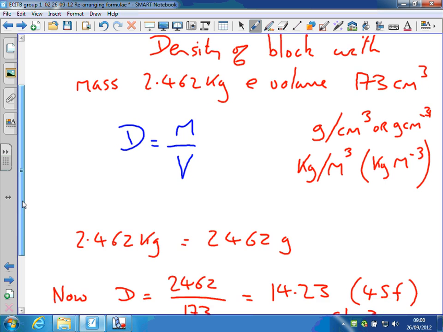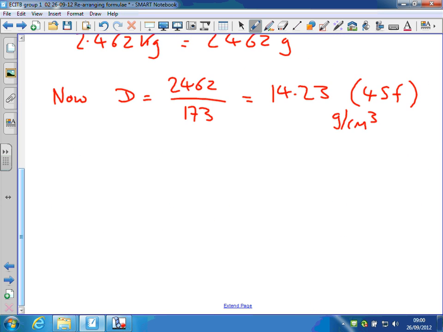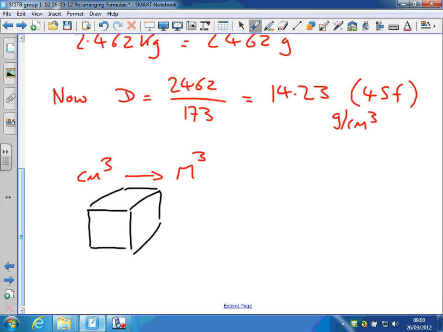Right. If I want to convert cubic centimetres to cubic metres, I've got a problem because it's not a centimetre, it's not a metre, it's a cubic metre we're talking about. Sorry, I can't remember your name. Alan. And if you think about it, that's 100 by 100 by 100.